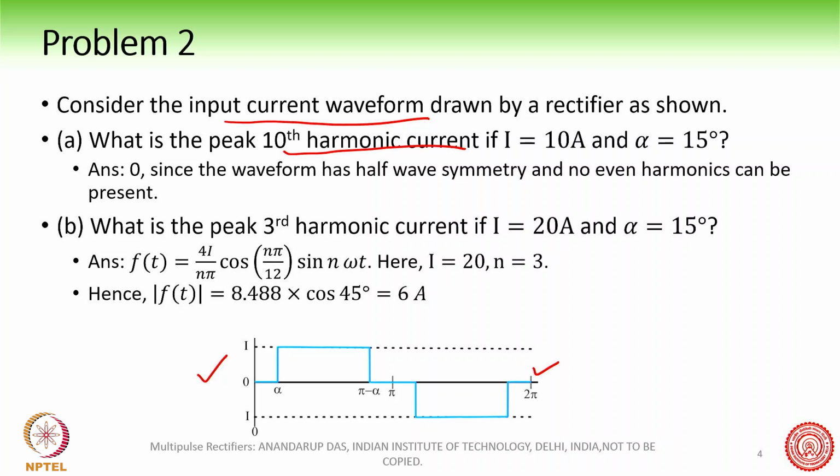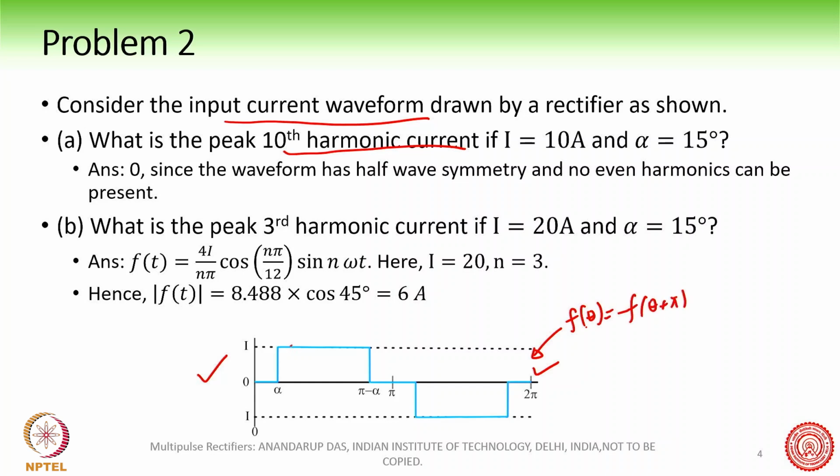In fact, we have a half wave symmetry in this waveform. Okay, so here you can see that f theta is equal to minus of f of theta plus pi.